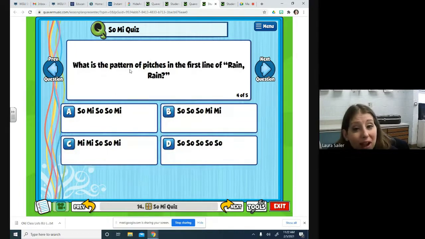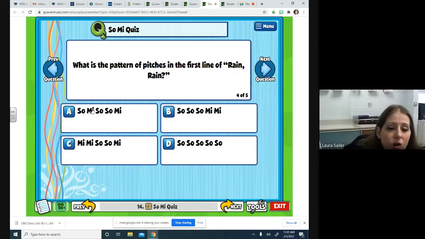You should know that one by now. What is the pattern of pitches in the first line of Rain, Rain? So we're thinking of that first part. Rain, rain, go away. So is it so, mi, so, mi? Or is it so, mi, mi? Or is it mi, mi, so, mi?